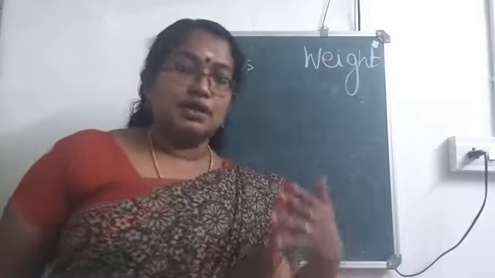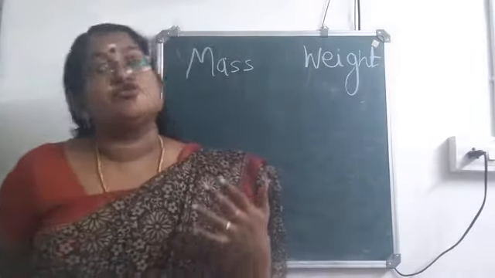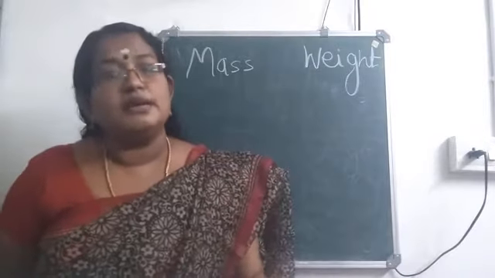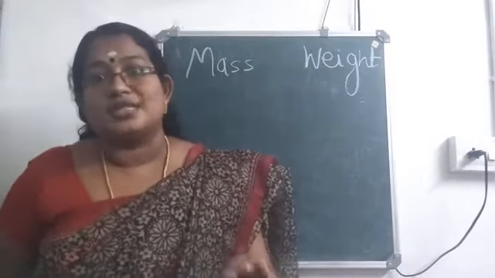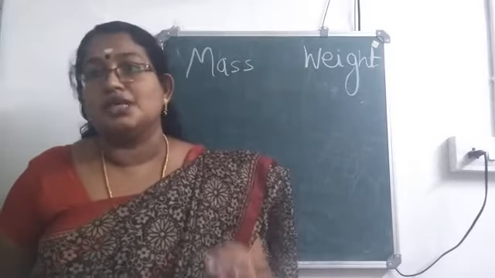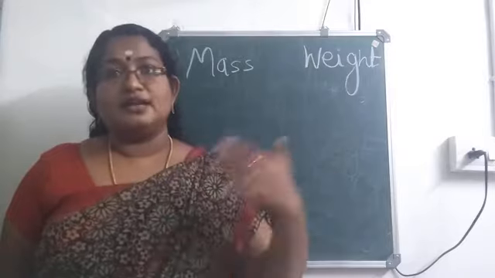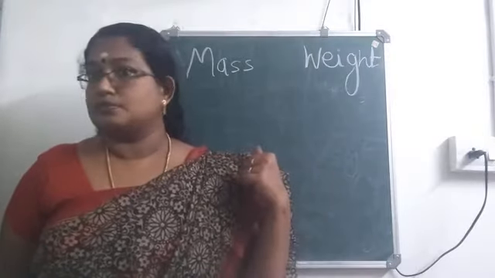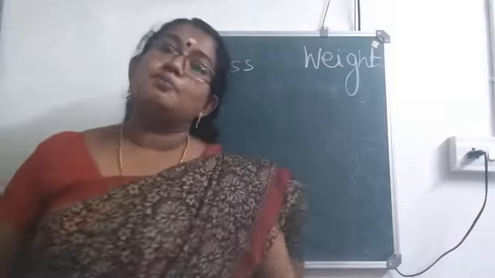When we are considering the mass of a body on Earth or in any other planet, it remains the same. But the weight will be different because weight is the gravitational force exerted by an object on the body. So, the weight will be different in different planets. Okay, then the next thing is, what about the unit for mass?